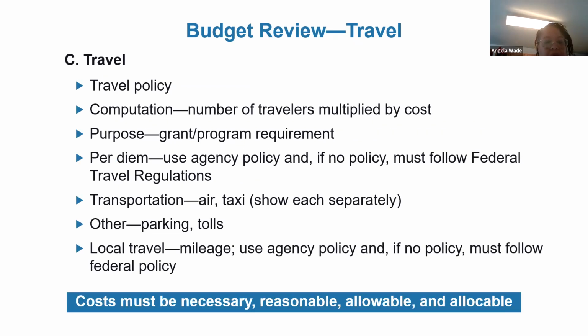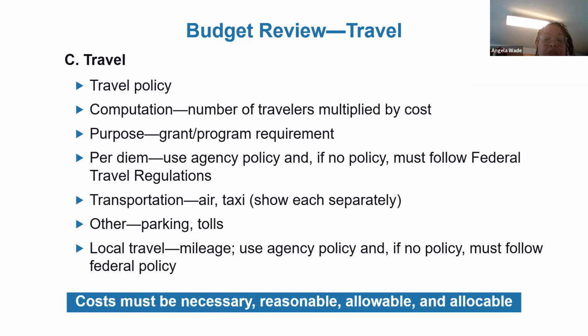Next is the travel category. For travel, one of the first things you need to know before you complete the travel category is you need to make sure you know your organization's policy for travel. If you do not have your own policy, then you must follow the federal government's travel policy. So it's very important you let us know what travel policy you are following.